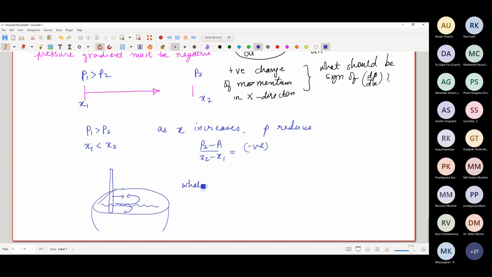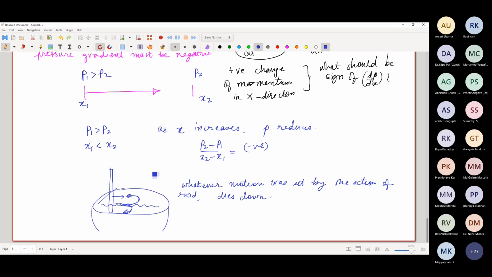After a few seconds, the swirling will completely die down. Whatever motion was set by the action of the rod dies down. What is the reason the motion dies down? The motion of the water, this swirling, will eventually die down and everything will become static.